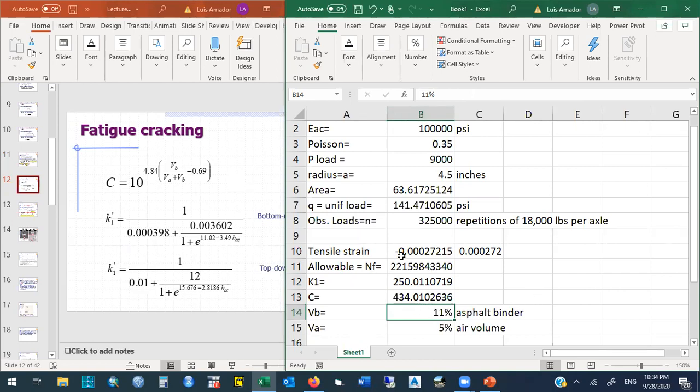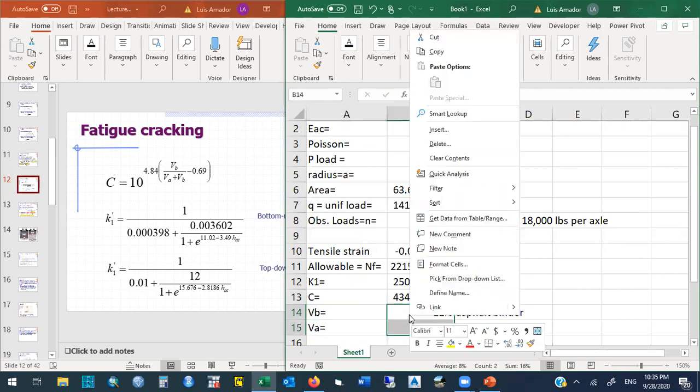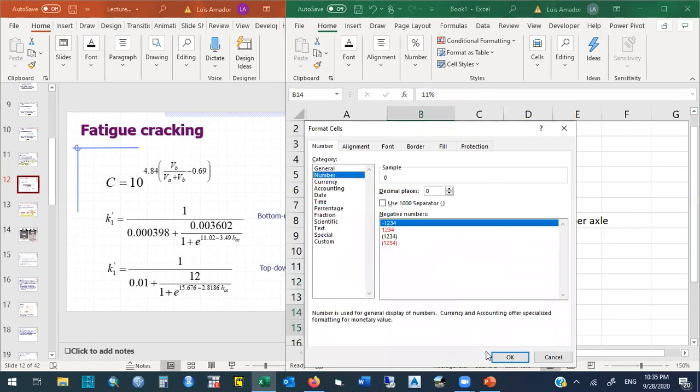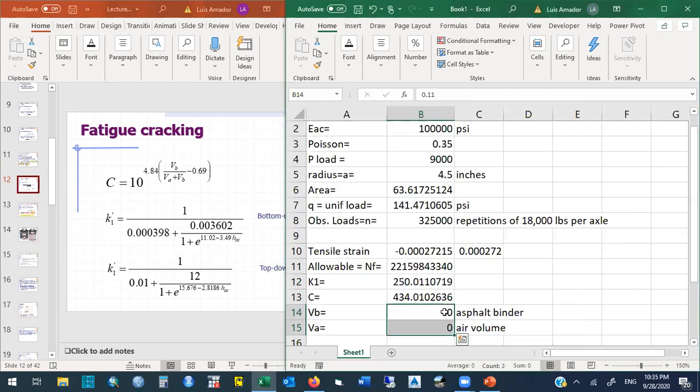Ah, I know. I think I know because I wrote this in percentages. Give me a second, please. Sir, you should put in the decimal, I think. Yes, that's exactly the case. Thank you very much.